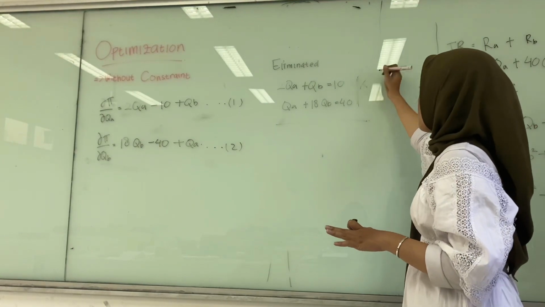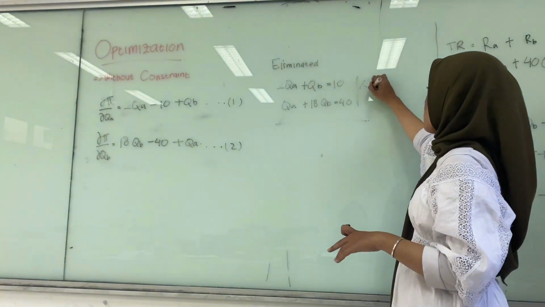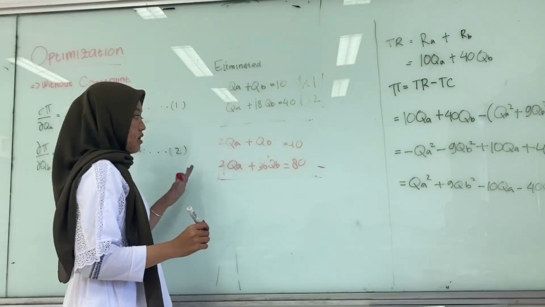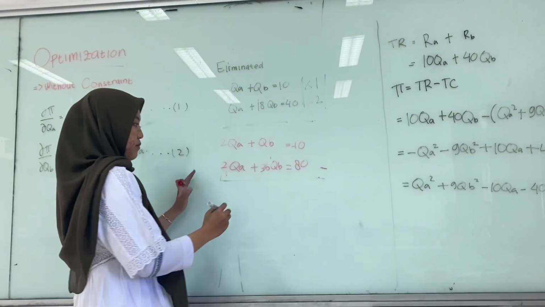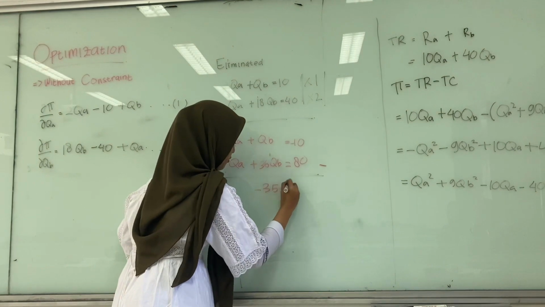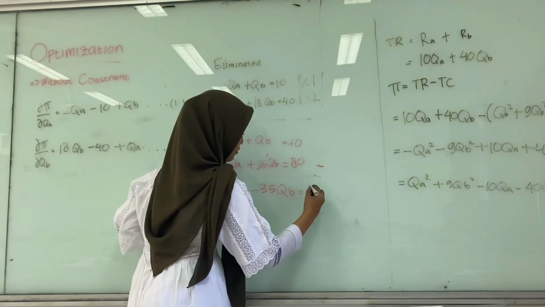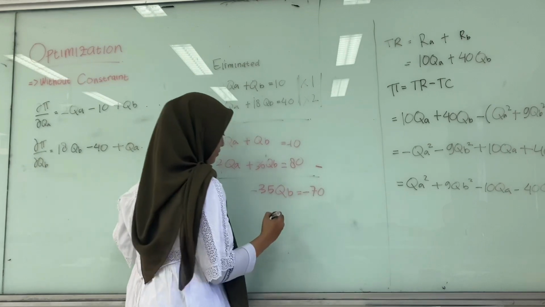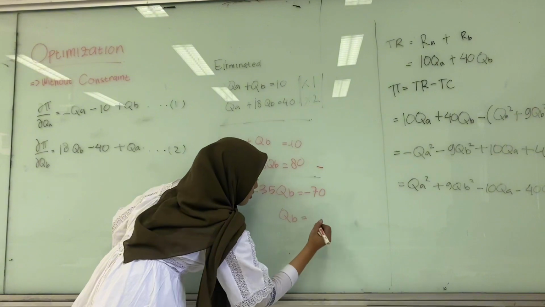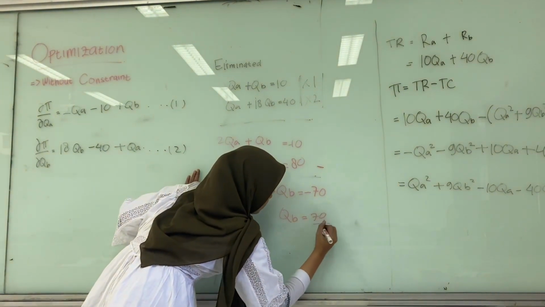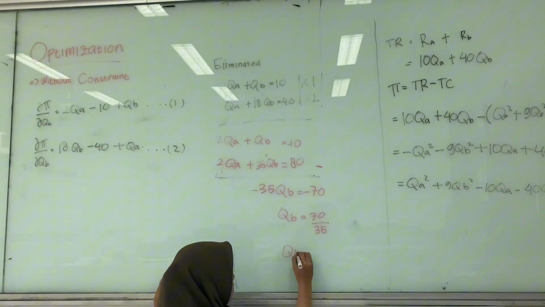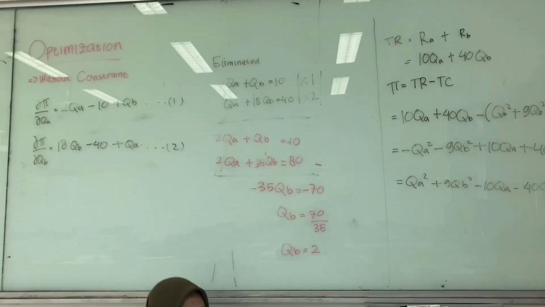We multiply the first equation by 1, and the second equation by 2. Next, we eliminate both of them. It's 35QB equals 70, and we find that QB is 70 per 35, and QB is equal to 2.